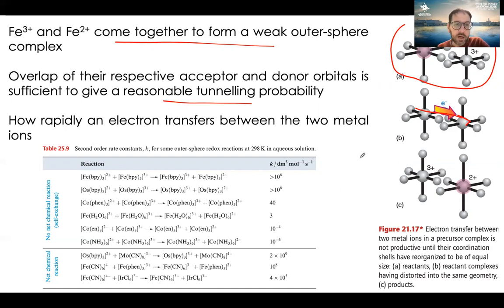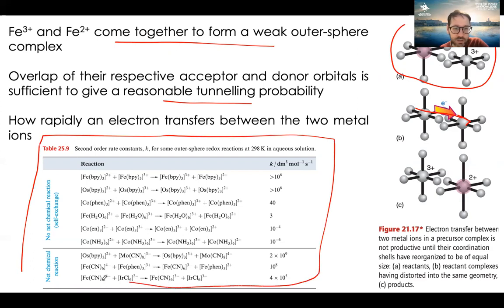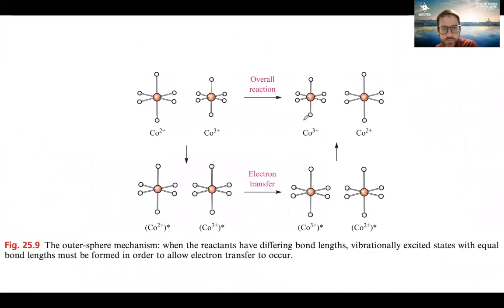So here are some rate constants for some of these redox reactions by these self-exchange species, for example, as described here for various species. So here is another representation.